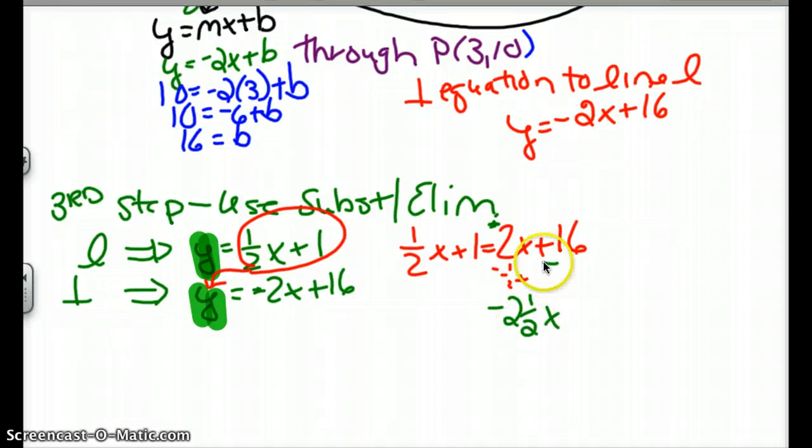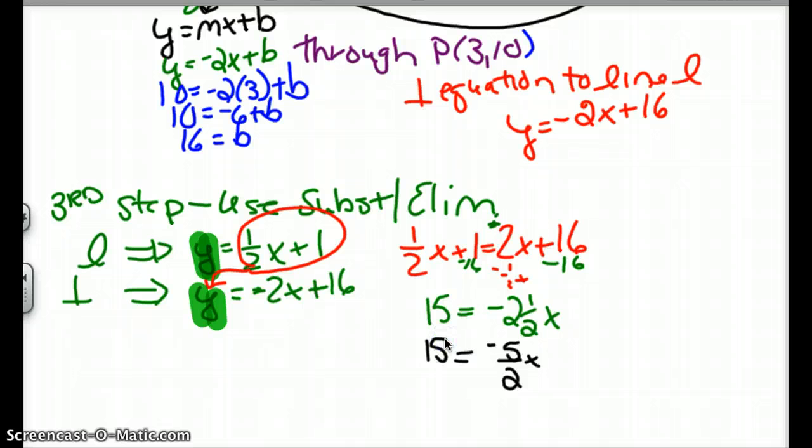I'm going to move my 16, minus my 16, minus my 16. It's going to get me -15. So now I'm going to change this to 5 halves, right? 2 times 2 is 4 plus 1 is 5 halves, negative.